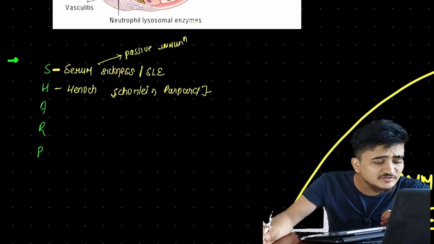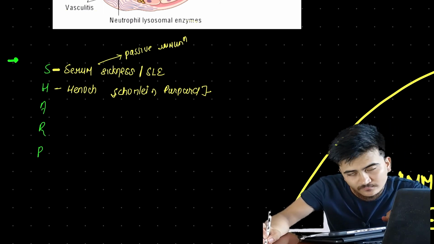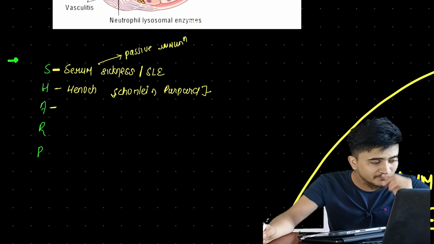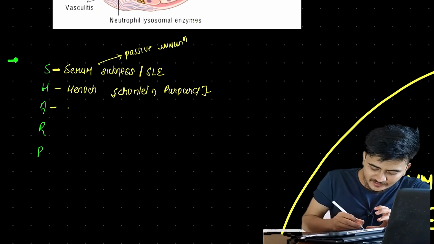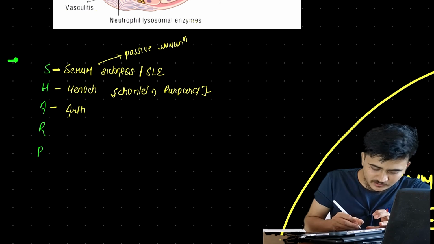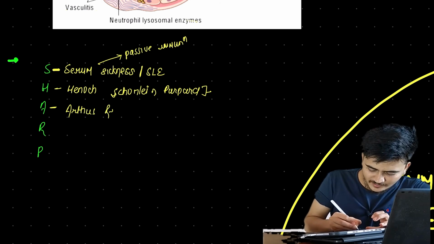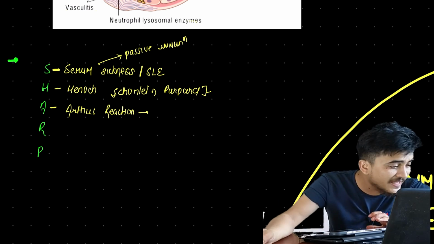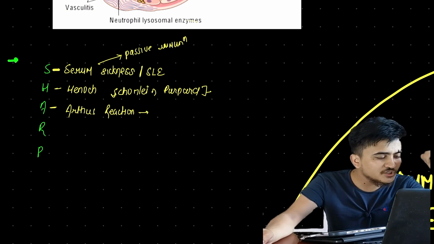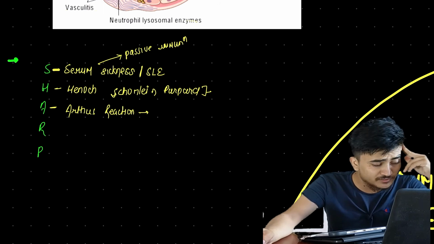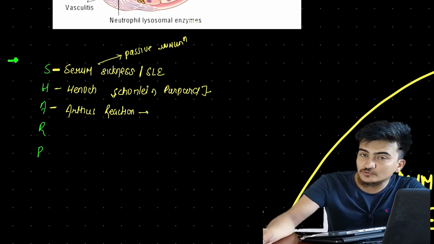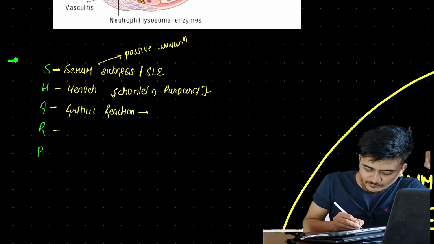This is a pediatric vascular disorder. And from A, we have got the Arthus reaction. The Arthus reaction is an experimental situation in which we find blood vessel injury due to immune complexes.